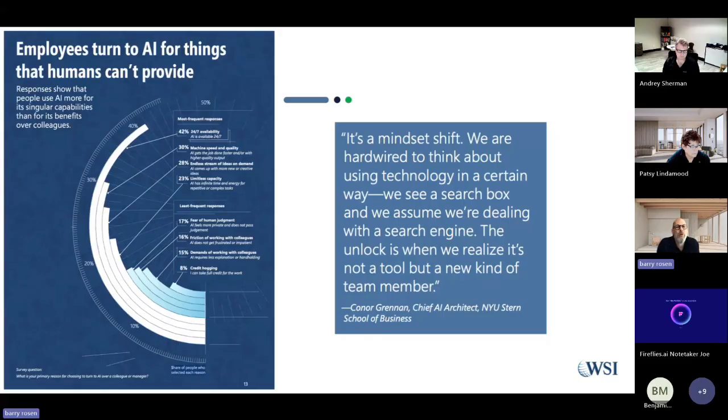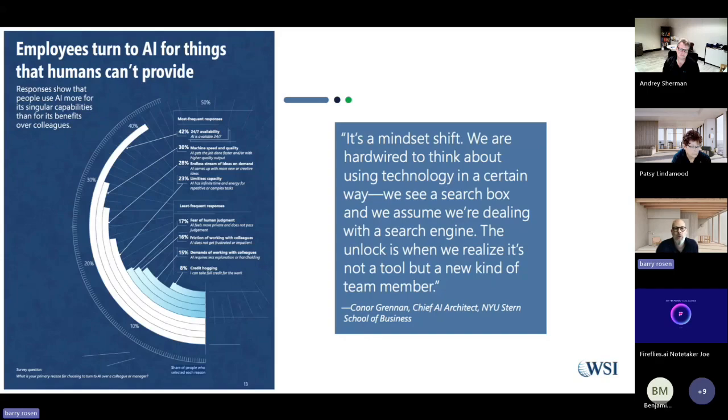And then also just the demands of working on a team and working with other humans and interacting with humans and doing your job and doing politics and doing your day job. So all of these different things that are happening, this is where humans will turn to AI to get a break from that. And really it's a mindset shift.